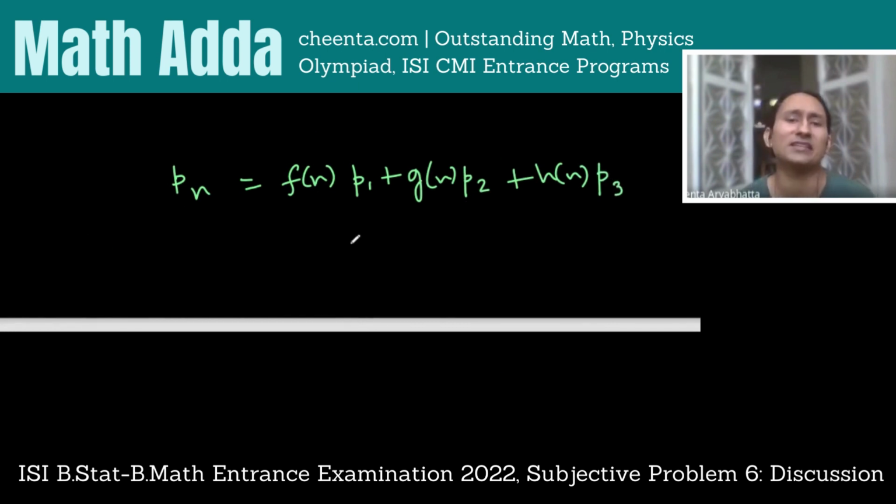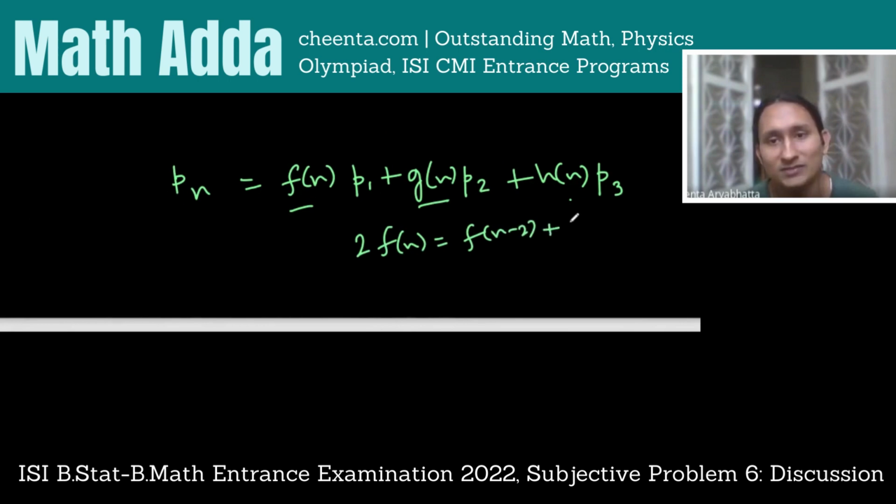This is something you can easily verify. Just write down some numbers and you will see everything is going to be a combination of P1, P2, and P3. And you can further check that each of these functions, Fn, Gn, Hn, which are real valued functions, by the way, also satisfy the same recurrence relation: 2Fn = Fn−2 + Fn−3.